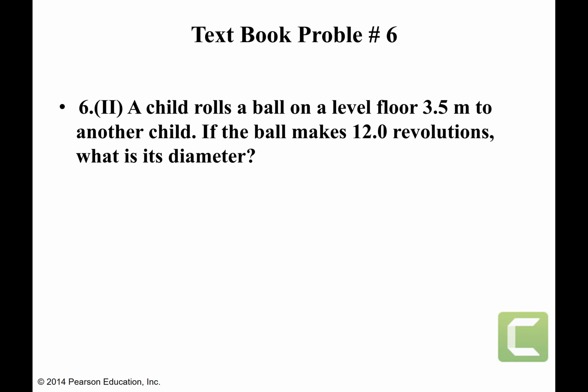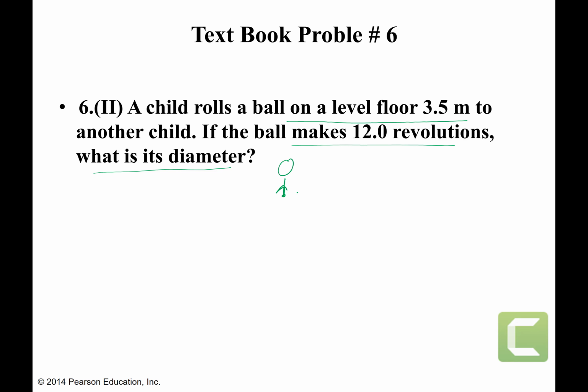Now let's move on to another problem. A child rolls a ball on a level floor to another child. If the ball makes 12 revolutions, what is its diameter? Kind of a little tricky. This is more of a conceptual problem. So how will you find the diameter from knowing that a child is rolling a ball on a level floor, which is 3.5 meters, to another child?